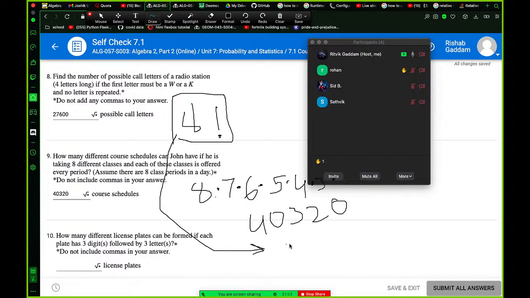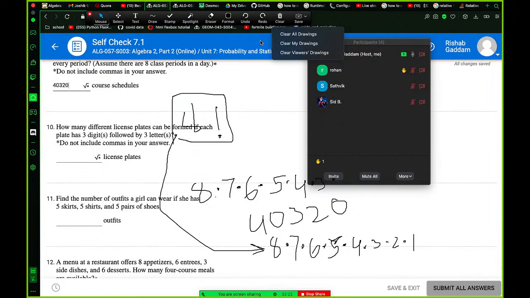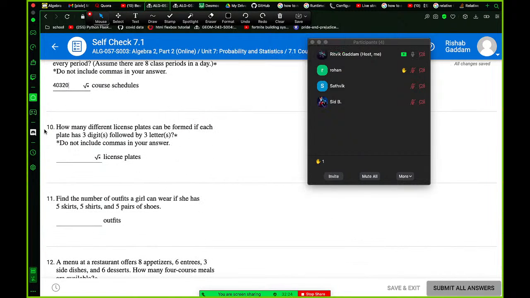So basically, this translates to 8 times 7 times 6 times 5 times 4 times 3 times 2 times 1. So you just multiply everything down until 1. And that's basically what factorials are. So let's clear the screen and let's go on to number 10.